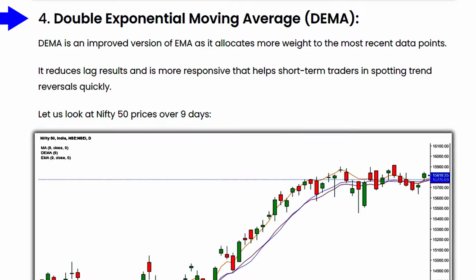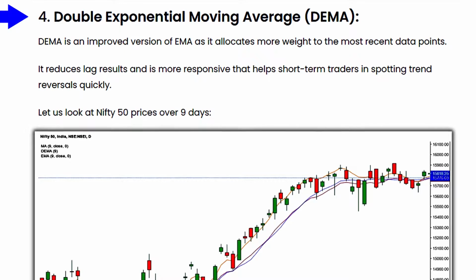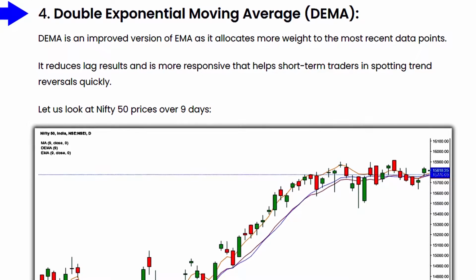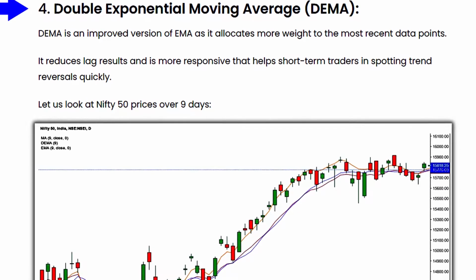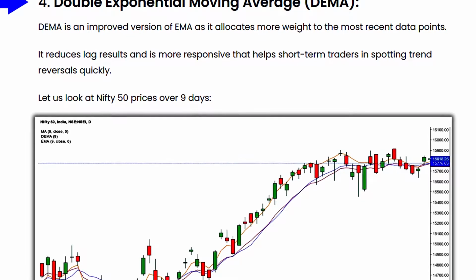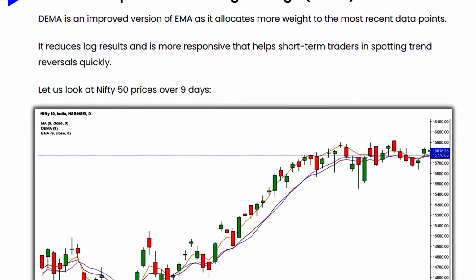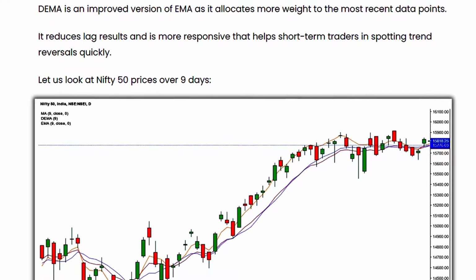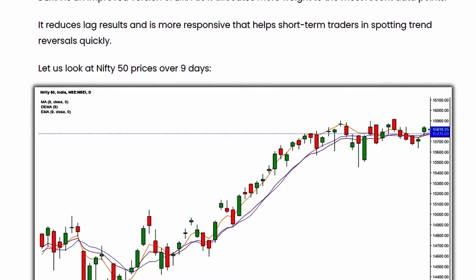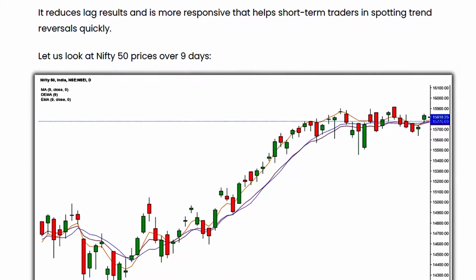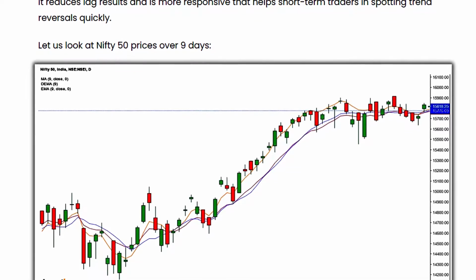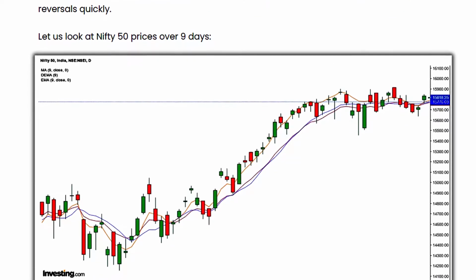4. Double exponential moving average, DEMA. DEMA is an improved version of EMA as it allocates more weight to the most recent data points. It reduces lag and is more responsive, which helps short-term traders in spotting trend reversals quickly. Let us look at Nifty 50 prices over 9 days. The blue line indicates a simple moving average line, the purple line indicates the exponential moving average, EMA, and the yellow line is the DEMA line.